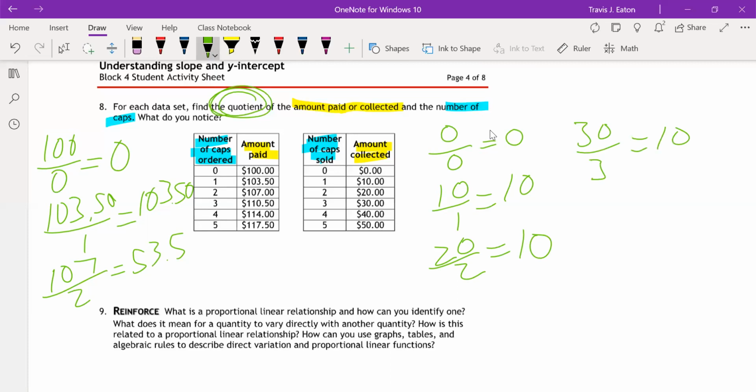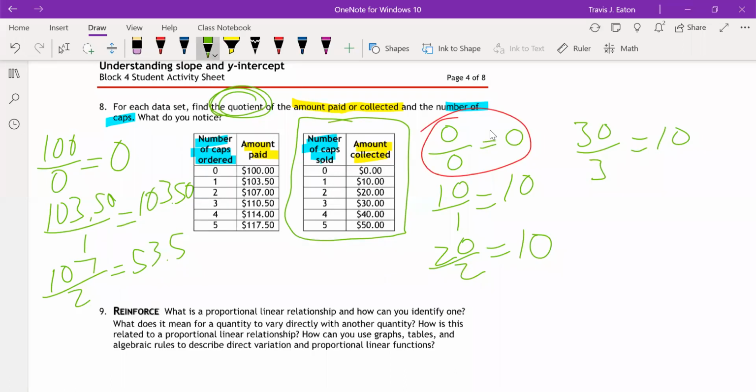So notice here that when we divide for the table on the right here, the amount collected divided by the number of caps sold, we get the same result every time, right? We get 10, 10, 10, with the exception of the first one, of course. That's our exception.